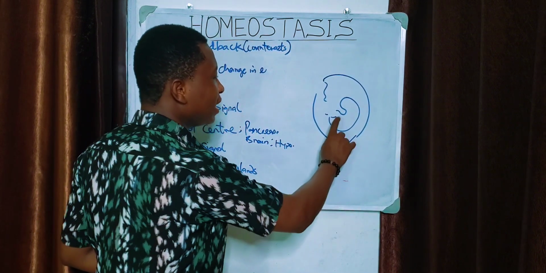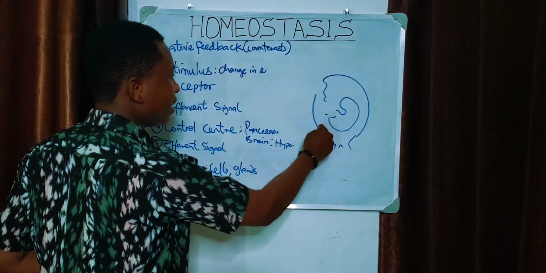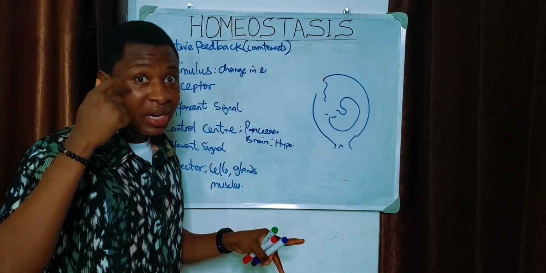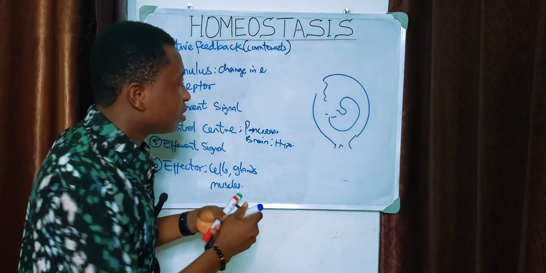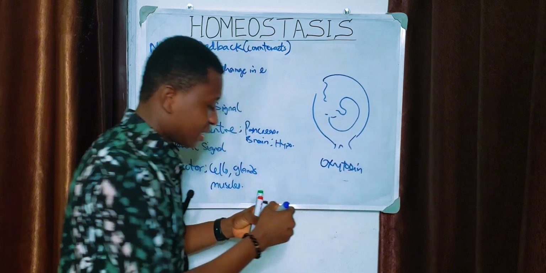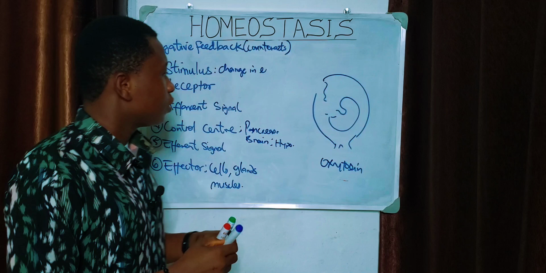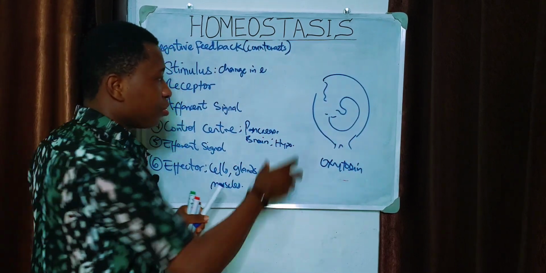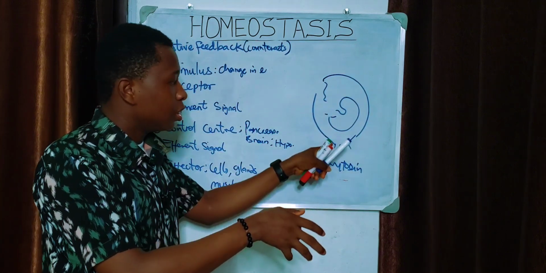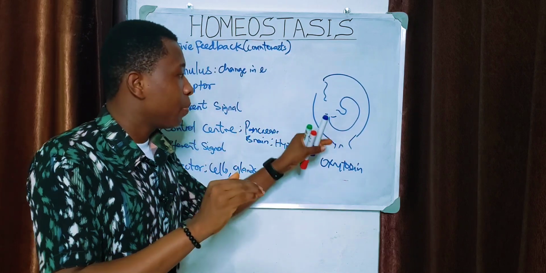What happens is that the stimulus, which is that pressure, that push, is received by the receptors in the uterine wall, which is sent to the control unit, which is the brain, telling it to release a hormone called oxytocin that helps to further contract. Okay, so the oxytocin helps to further contract the uterine wall, pushing the baby harder against the cervix until the baby is born. Once that baby is born, the process stops.